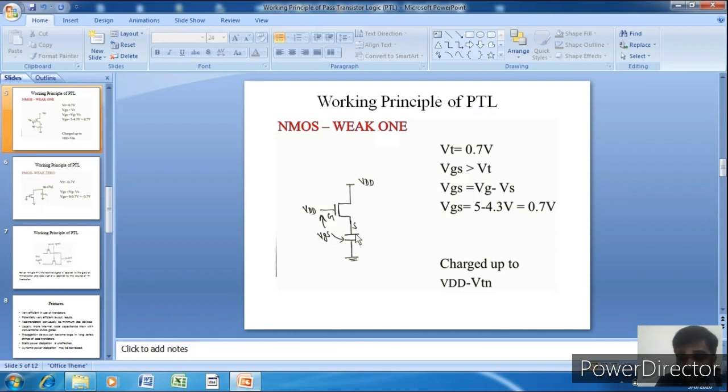The reason is that if the capacitor charges beyond that voltage, the gate source voltage becomes less than the threshold voltage required to turn on this MOSFET, and as a result this MOSFET turns off. So the capacitor only charged up to VDD minus VTN. In this case it is 4.3 volt. We are trying to transmit 5 volt, but we will get only 4.3 volt, that is VDD minus VTN. That is why an NMOS transistor transmits only weak 1. This is the idea behind the transmission of weak 1 through an n-type pass transistor logic.